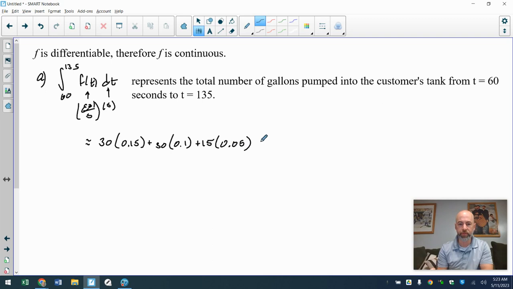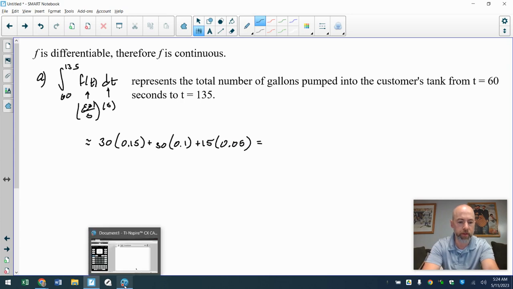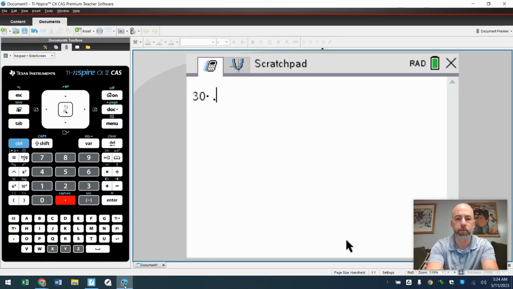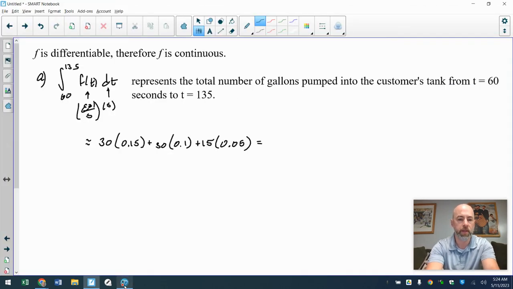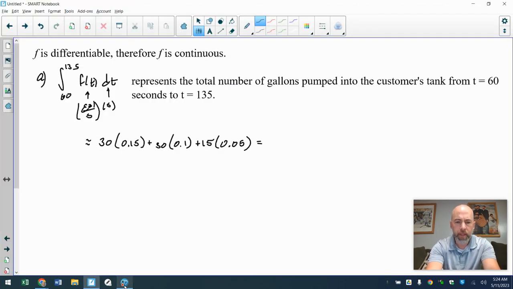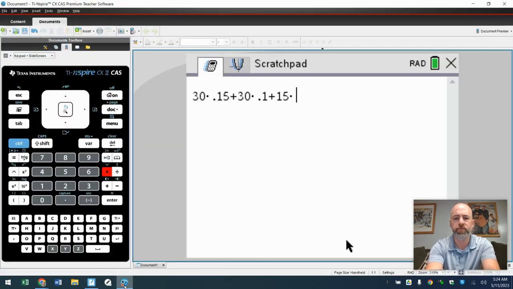I am going to throw this in my calculator because we may end up needing this answer later. So to my calculator I go, and I need to do 30 times 0.15 plus 30 times 0.1, plus 15 times 0.05.